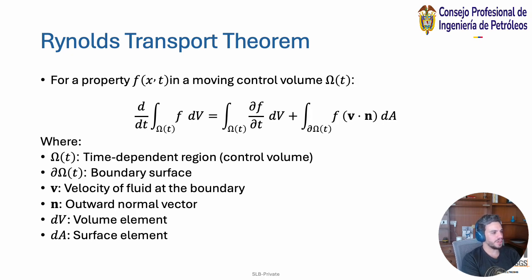And on the left side here, what we're actually saying is this is the time rate of change of the property inside the moving volume. And the first term on the right-hand side is this local unsteady change inside the volume. And that second term is the net flux of the property across the given boundary. So this theorem converts system-based conservation laws, which you can think of as the Lagrangian view, into a control volume form.